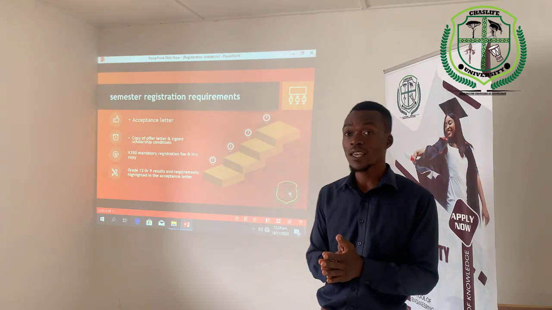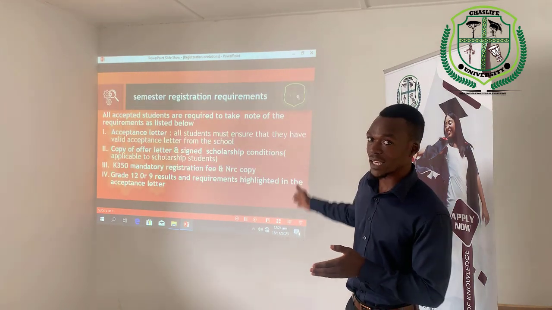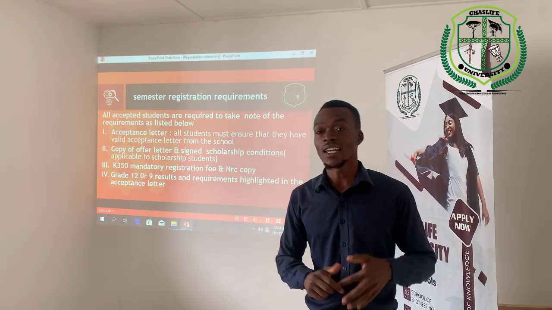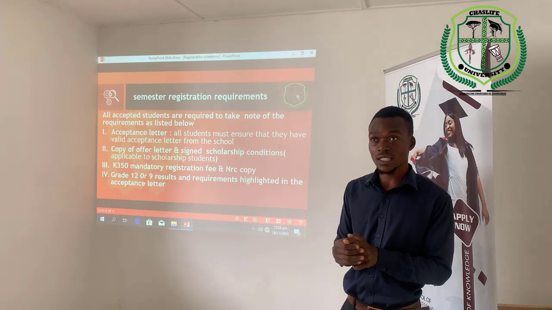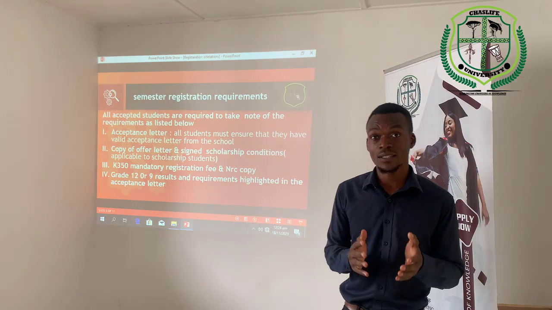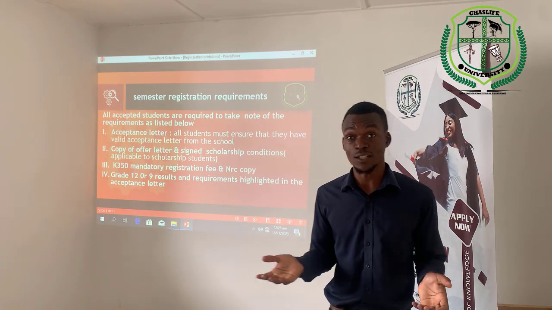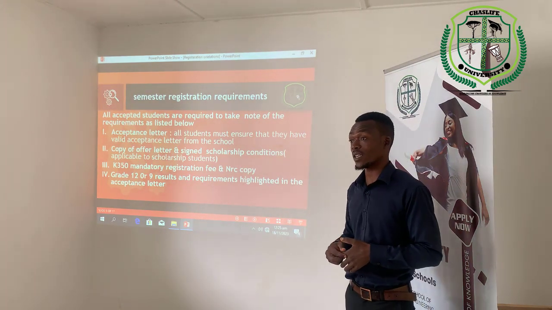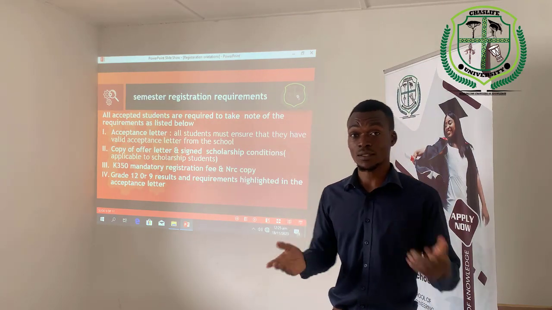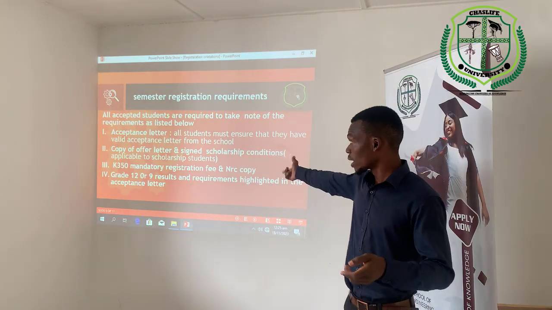If you are able to prepare the highlighted documents and come through to Just Life University and submit all those requirements, it would mean that you are registered using the physical process. That will involve you coming through to the university.